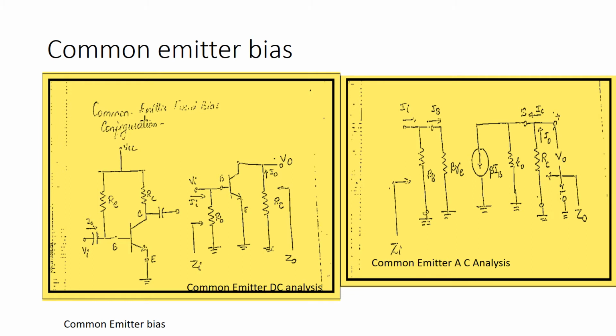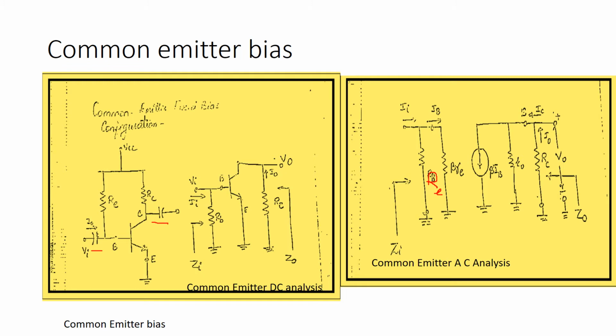Common emitter bias, this is a simple circuit. This is the DC equivalent circuit of the common emitter configuration, and the AC equivalent circuit. This is RE. What we have done is, all these capacitors which are there are short circuited.